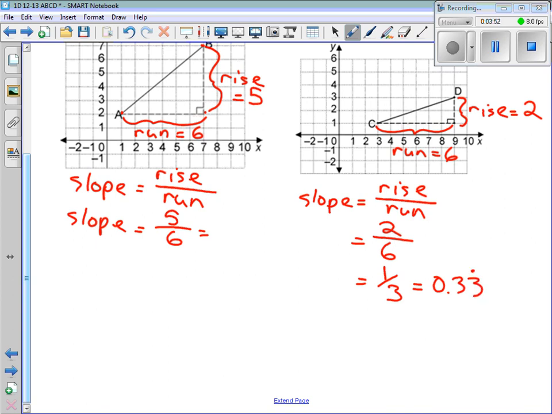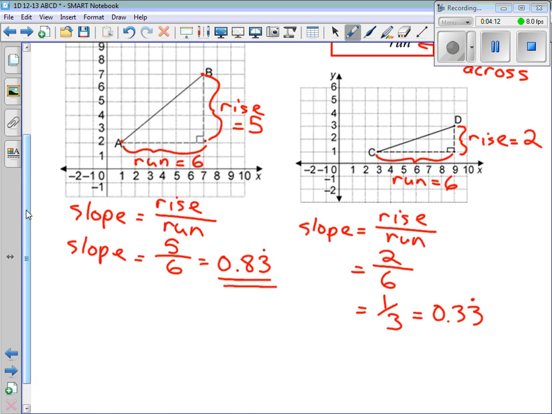What do you get when you do 5 divided by 6? Somebody punch that into their calculator for me here. 0.83. Okay. So which slope is bigger? Well, the 0.83 is bigger than the 0.33. And as we would expect, this line from A to B has a steeper slope.